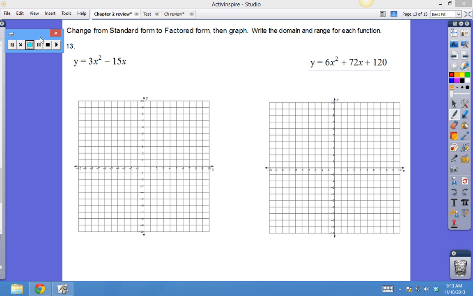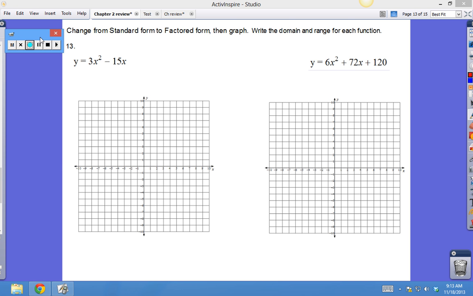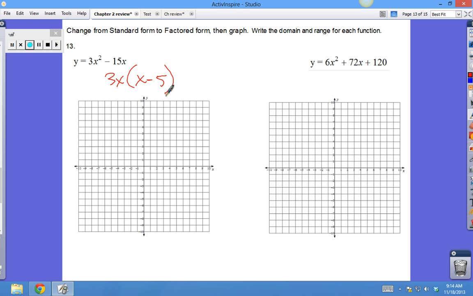Okay, factored form. Factored form is the roots. So I'm going to factor out a 3x. You're going to get 3x multiplied by x minus 5. My question is, what can I plug in for those x's that's going to make my y's be zeros?